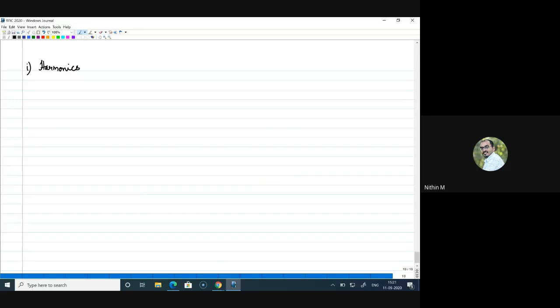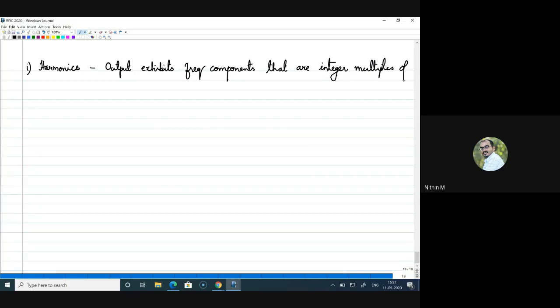Right. So probably from the previous discussion, you would have understood what is a harmonic. Harmonics are when the output of a system or output of a circuit exhibits frequency components that are integer multiples of the input frequency.